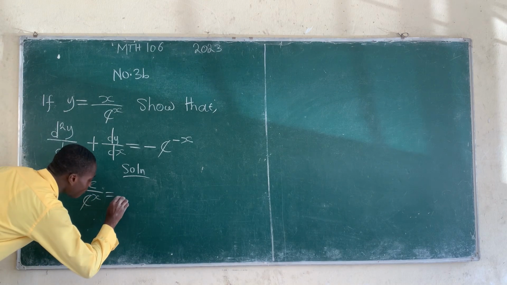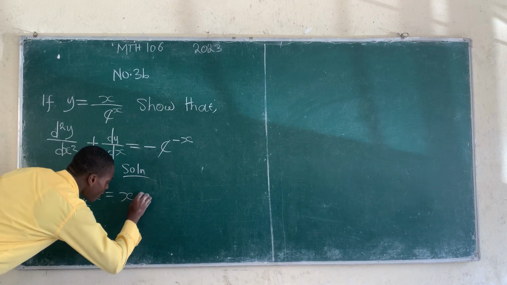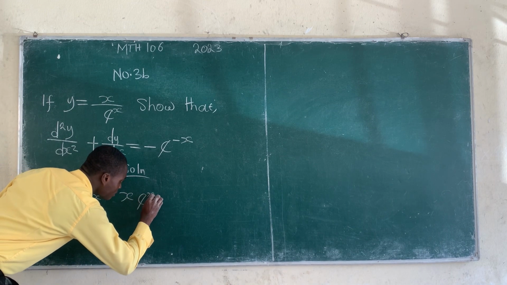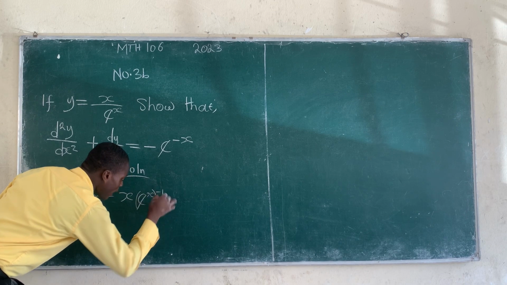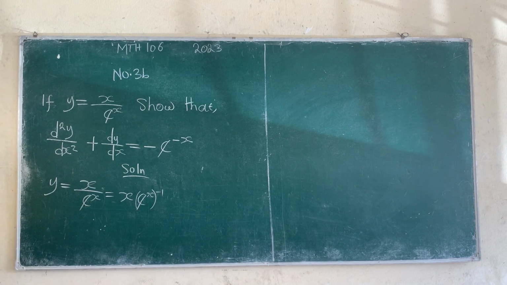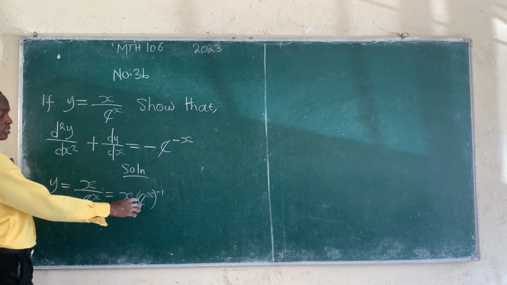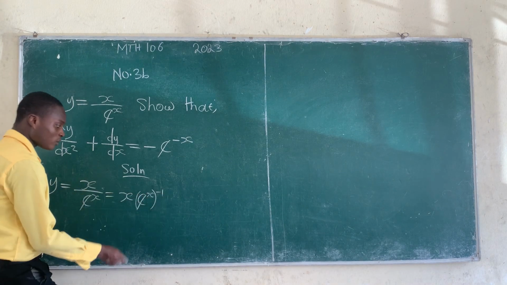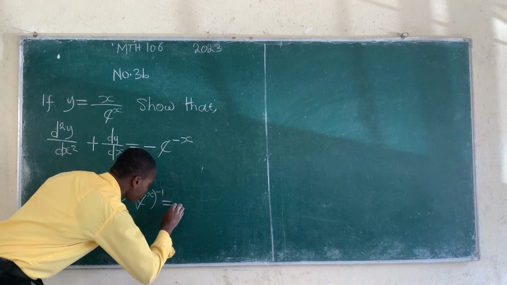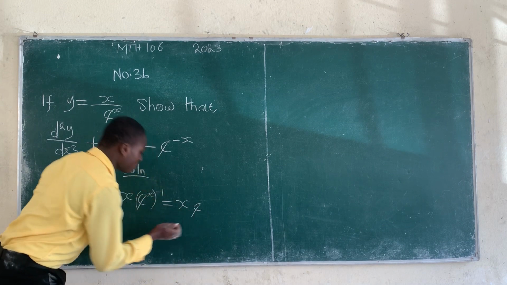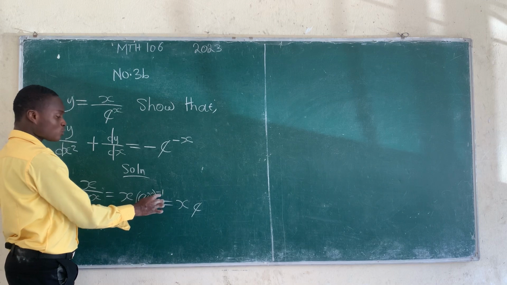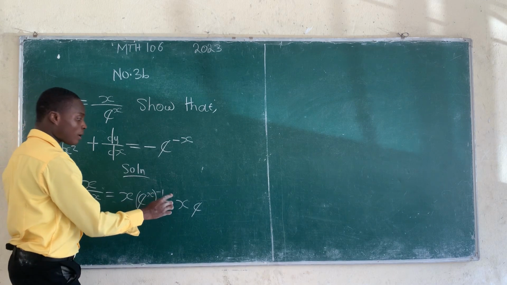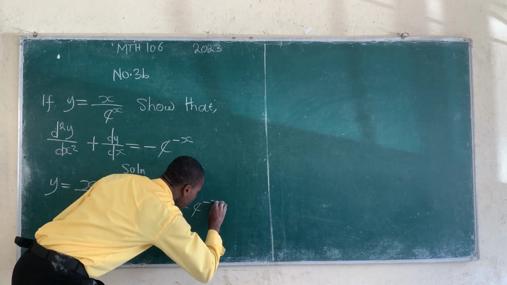So we are going to have x exponential x to the power of what? Minus 1. That is what we have, because 1 over exponential x is the same thing as exponential x to the power of minus 1. Remember from the law of indices, you multiply x by minus 1, which gives us minus x.